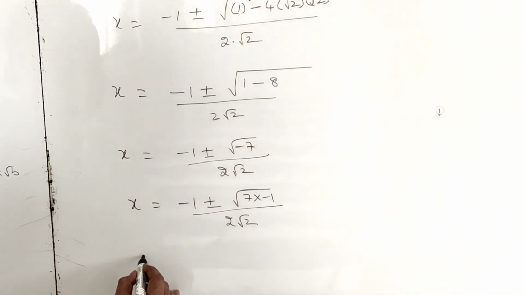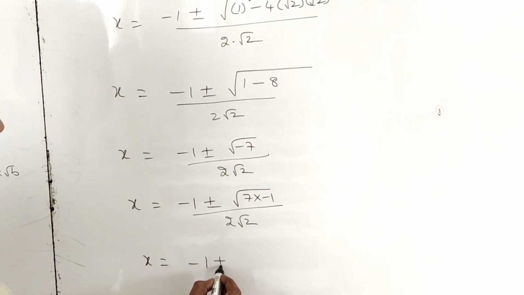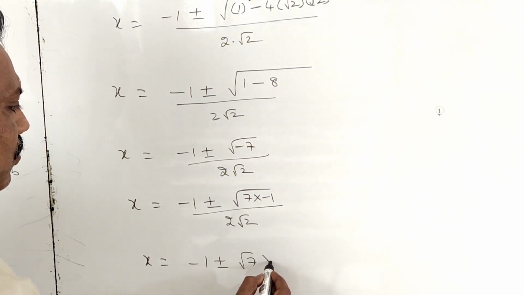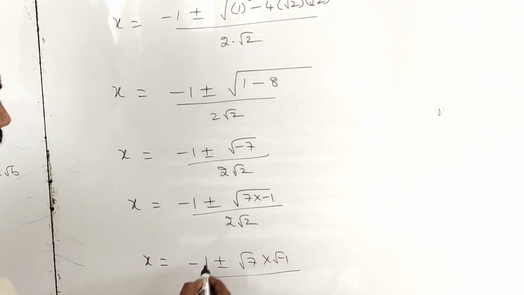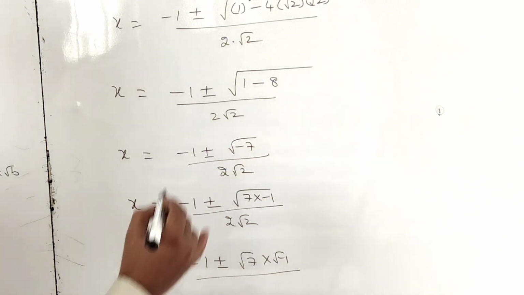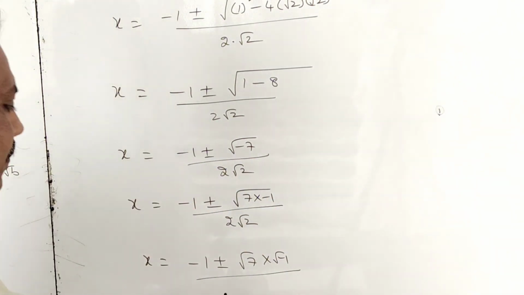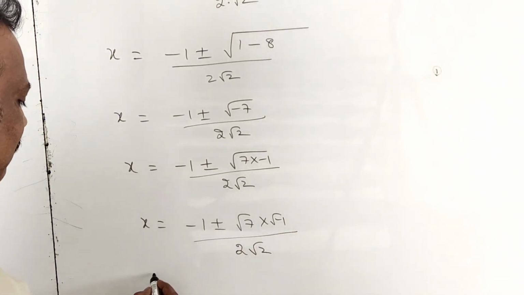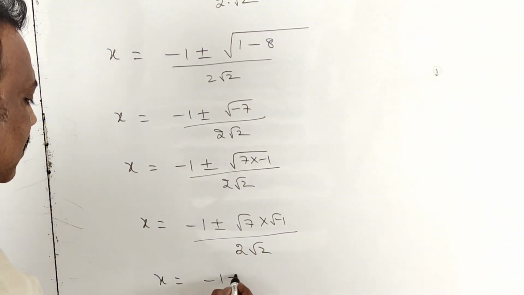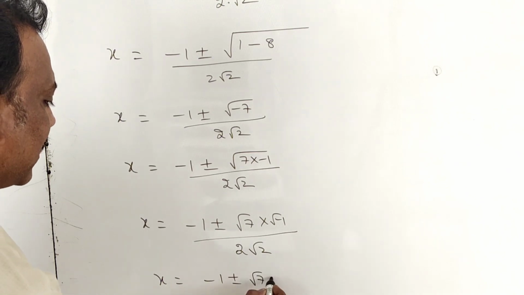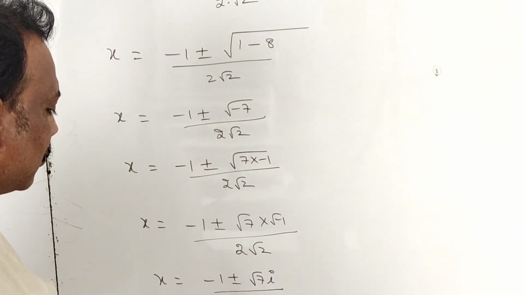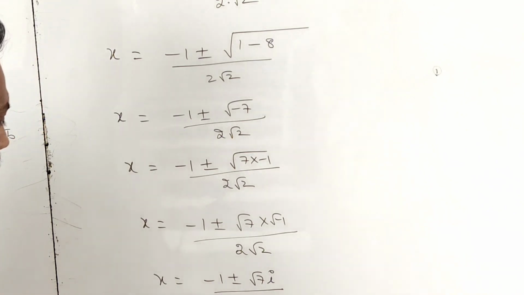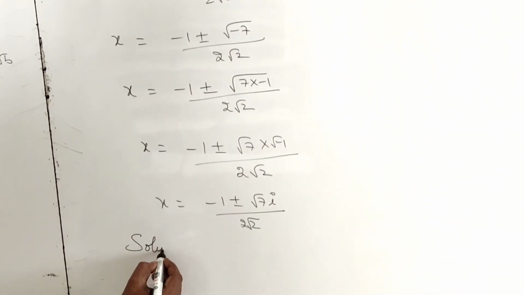So now x is equal to minus 1 plus or minus root 7 into root of minus 1, because under root a into b is equal to root a into root b. Now we can write root of minus 1 as i: minus 1 plus or minus root 7 i upon 2 root 2. So this is the solution set or x value.